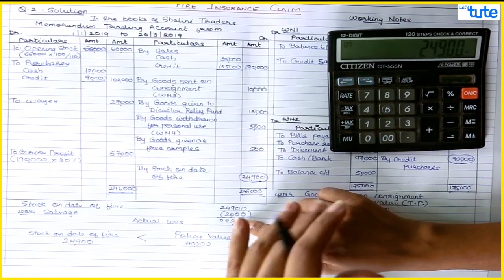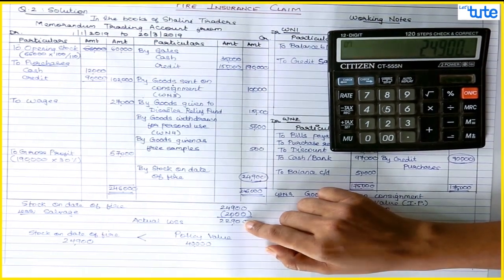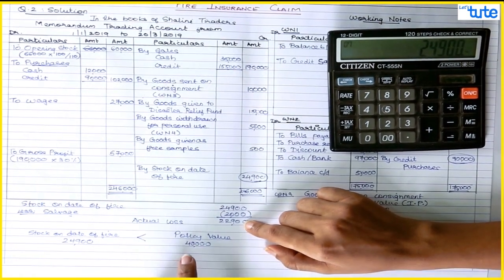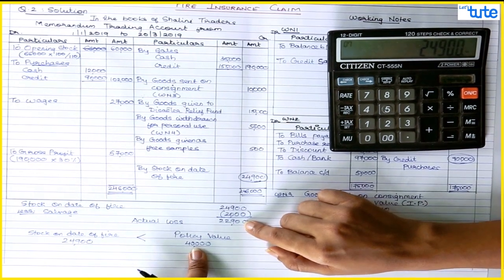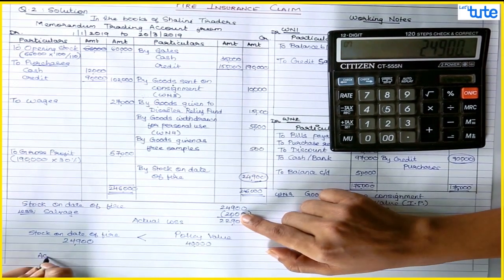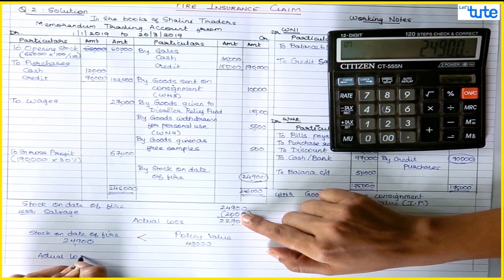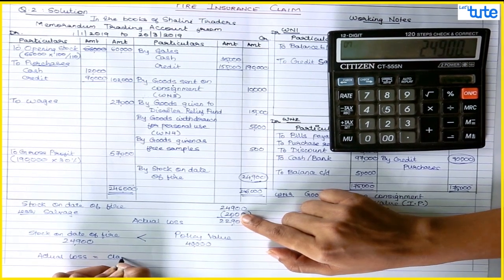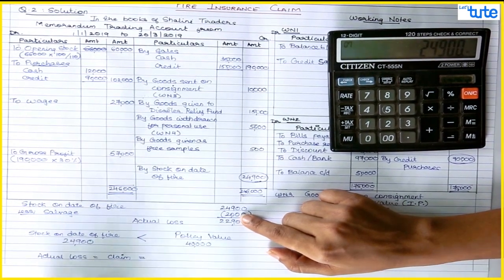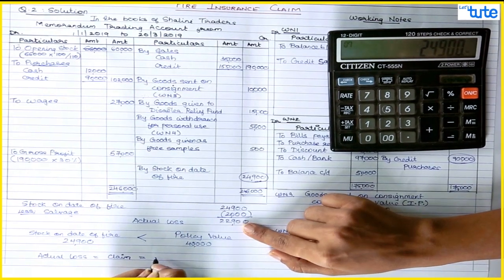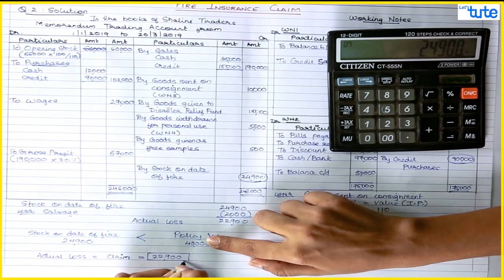So in that case, the stock was underinsured and we had applied average clause. Now in this case, our stock is fully insured. That means whatever is our actual loss, we'll file a claim for the same amount. So actual loss is your claim amount, that is 22,900. That is our final answer.